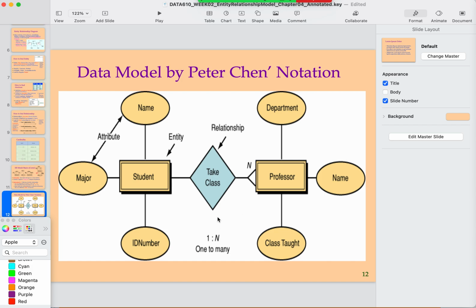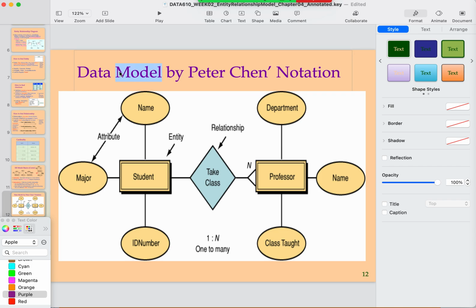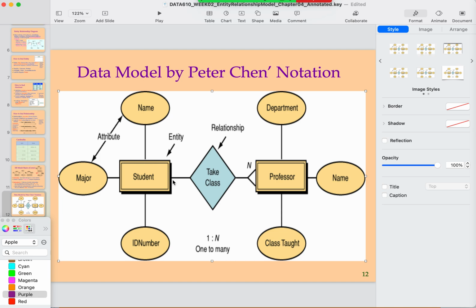Here is a data entity relationship model, which is called the Peter Chen notation. Here the entities are shown as rectangles. Their descriptions are shown as circles.